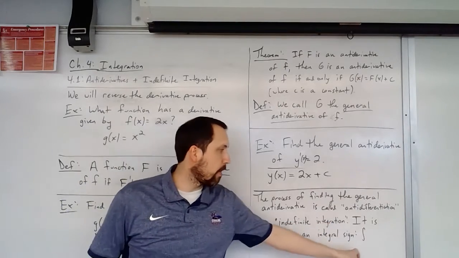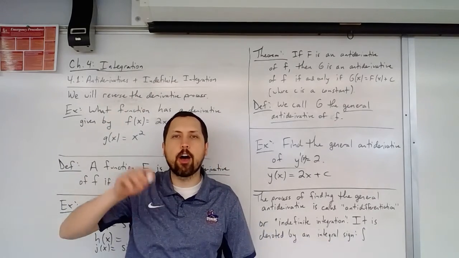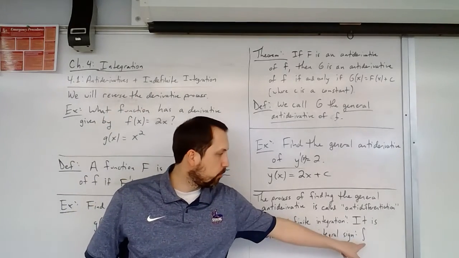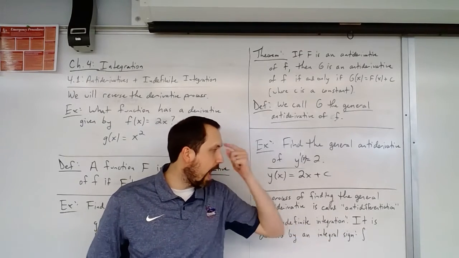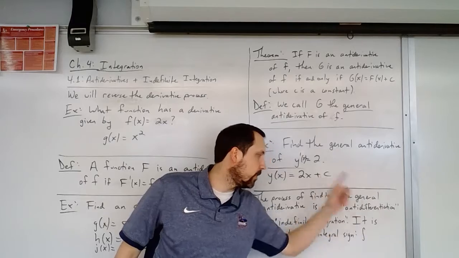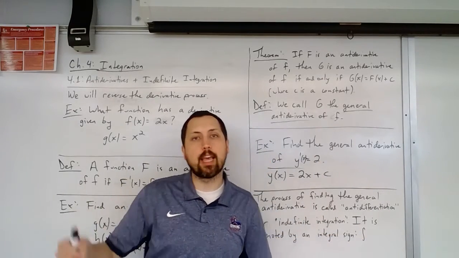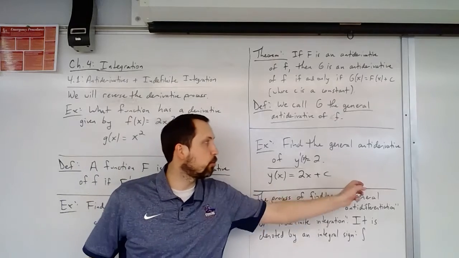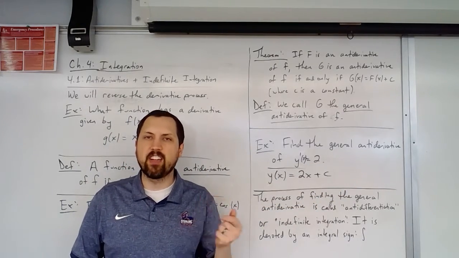And it's going to be denoted by what's called the integral sign. It looks kind of like an elongated S. So we're going to see this quite a bit, and this is going to tell us I need to be doing anti-differentiation, or in other words, indefinite integration. So we'll look at more examples and be able to come up with a general strategy of how we can start to find general antiderivatives fairly quickly.